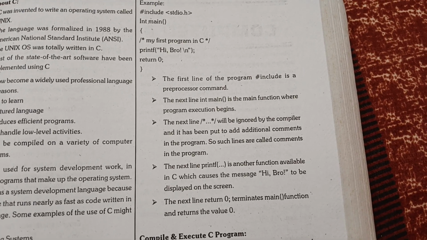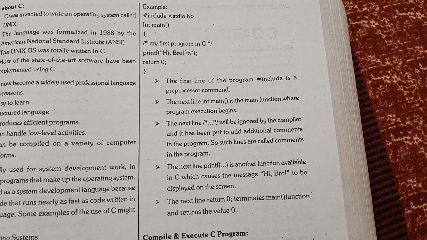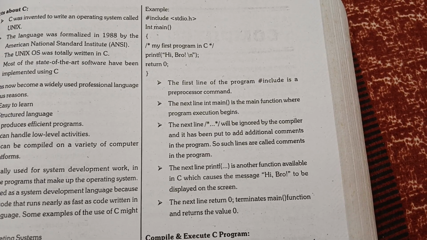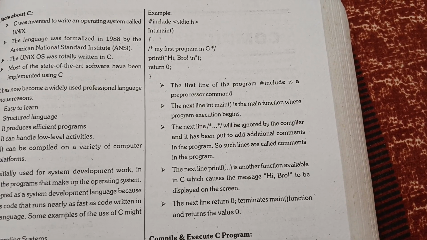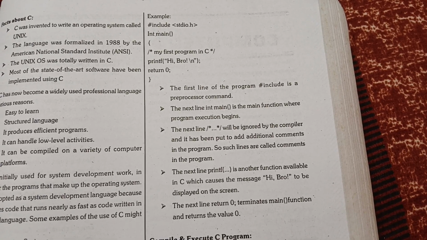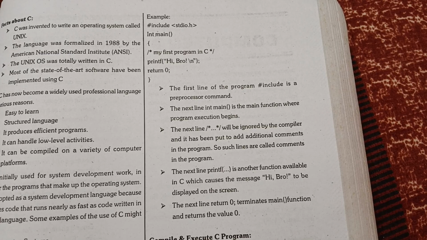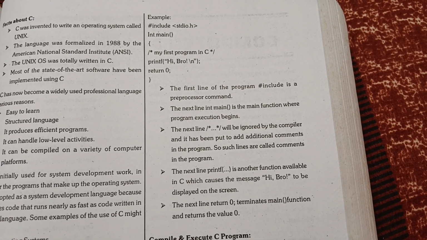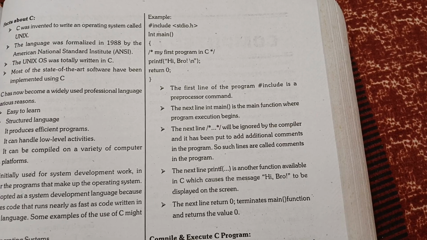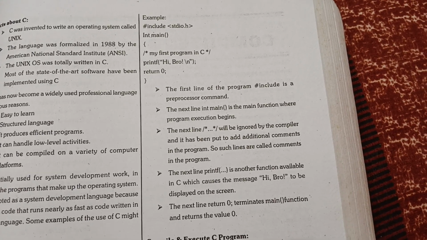The first line of the program, #include, is a preprocessor command. The next line, int main, is the main function where program execution begins. The next line, the comment, will be ignored by the compiler and it has been put to add additional comments in the program.